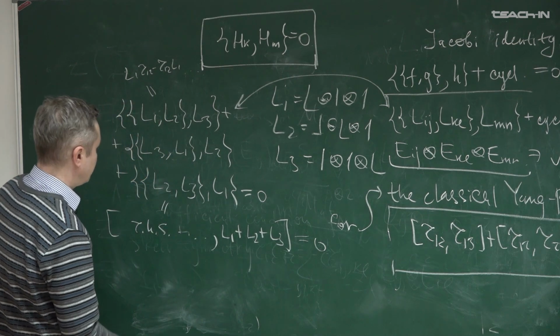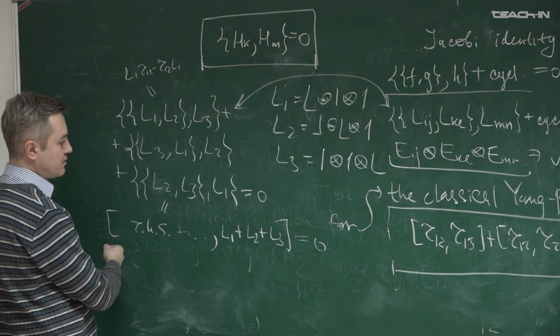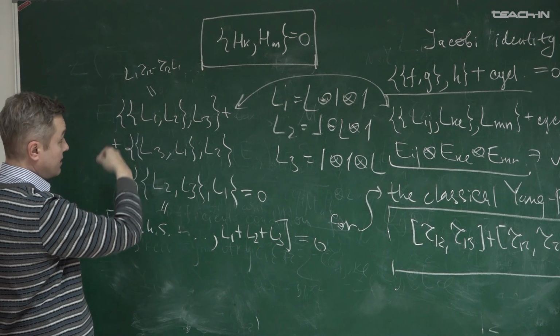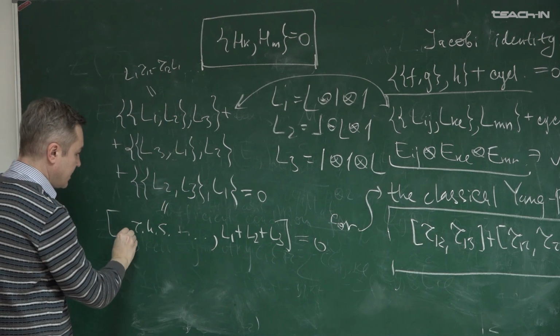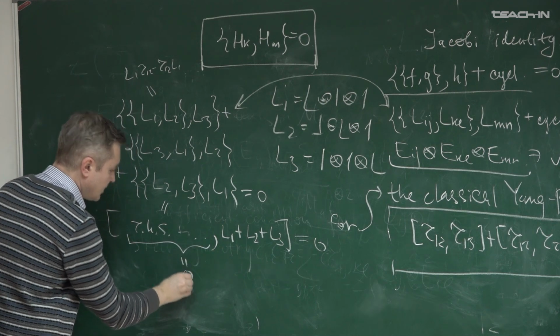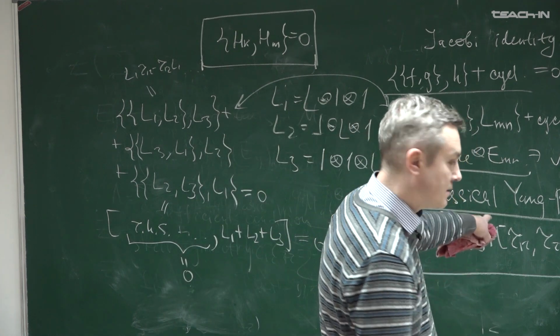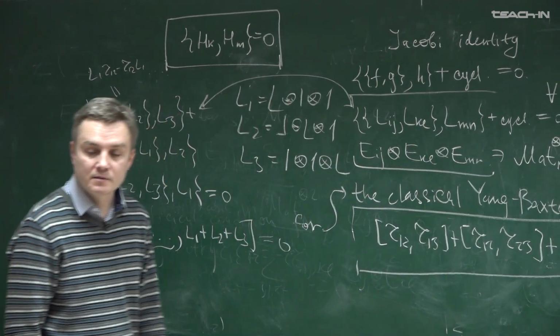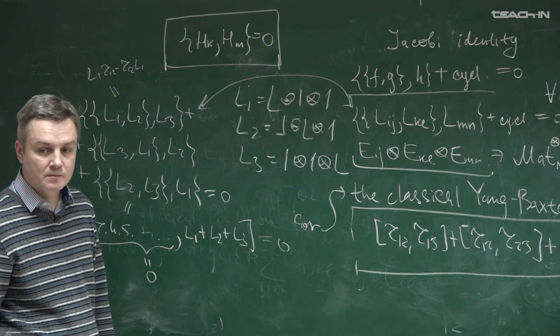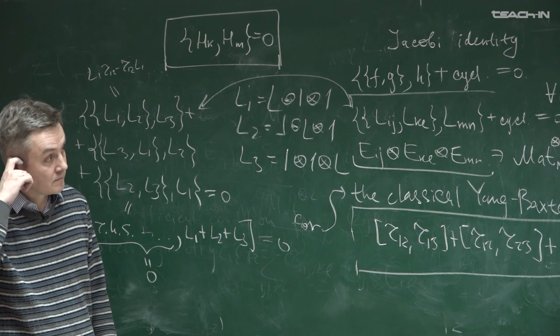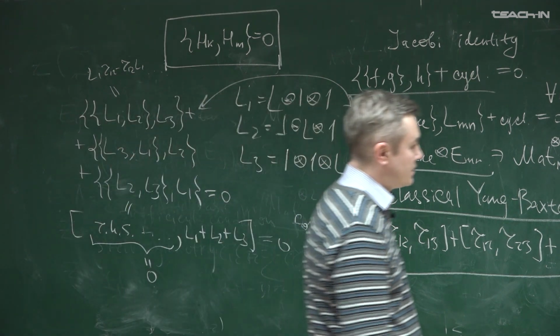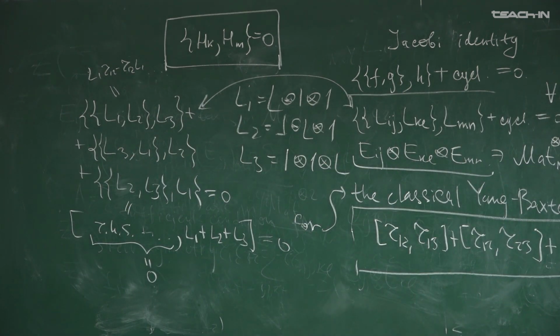And then you say that a sufficient condition to fulfill this Jacobi identity is to require that all this expression is 0. It is sufficient, but not necessary. So this expression is this one? Yes, it is this one. And if we get an object that satisfies the Yang-Baxter equation, we can get the integrability? Yes. So it means that there is some integrable system or family of integrable systems which is described by this R matrix. So the R matrix is a very fundamental object.